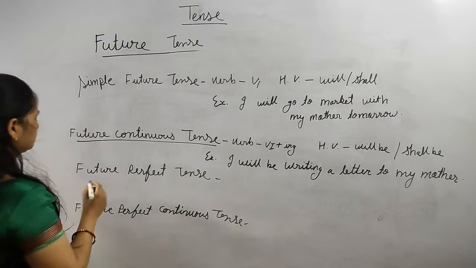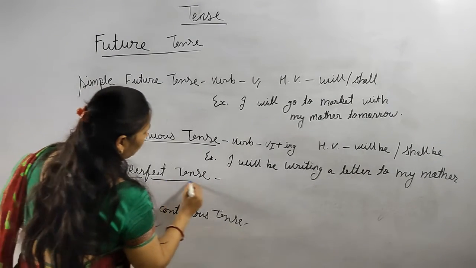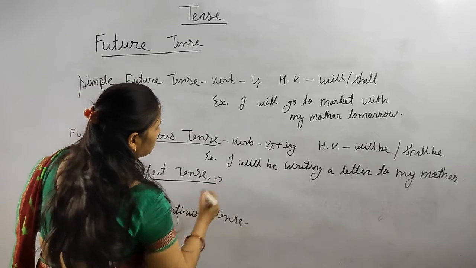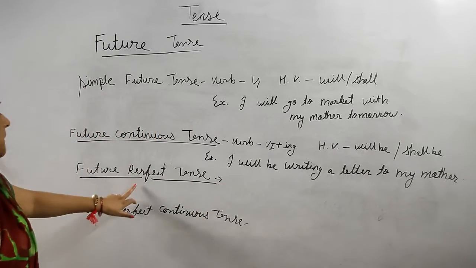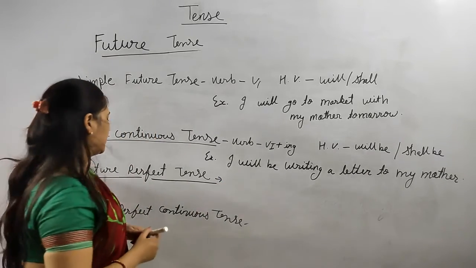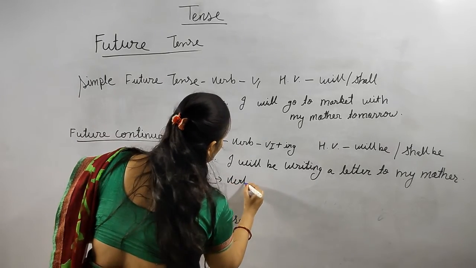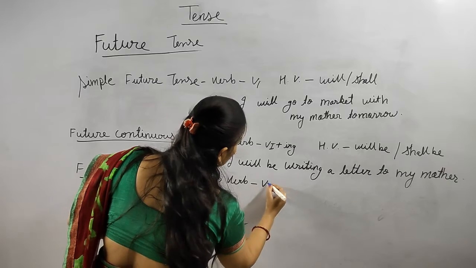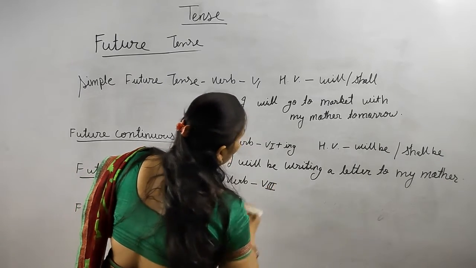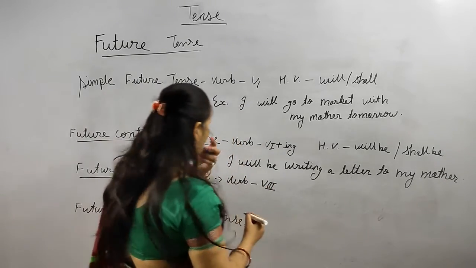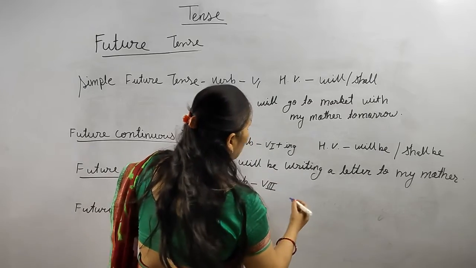Now just look at the future perfect tense. As already I have told you, the perfect tense shows completeness. Again, we will talk about the verb of this tense. So, verb we will use the third form of the verb, the past participle.